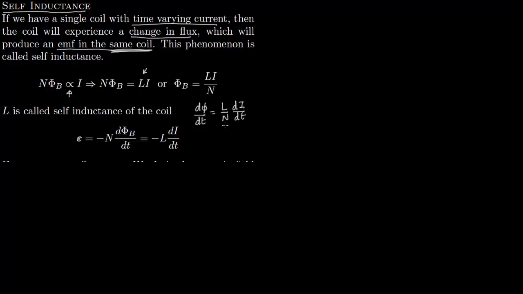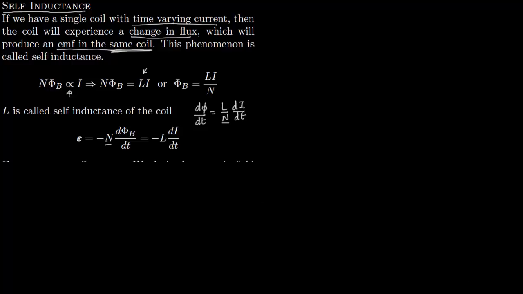N is the number of turns in the coil, that is a constant, and then you have di by dt. When you put it in here, this N cancels out with the other N, and you get E as minus L di by dt. This is the EMF produced because of self-induction.